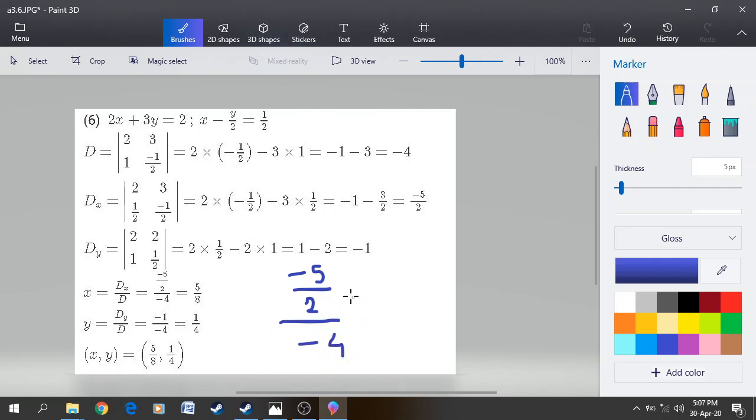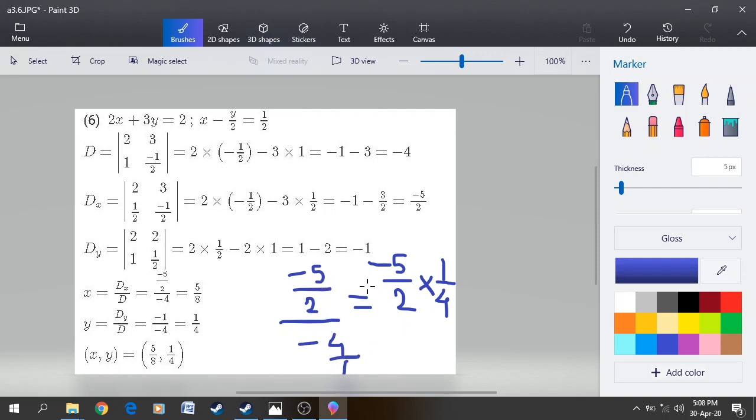When we calculate these types of double division, we have to write this as it is, minus 5 by 2, and this 4 is written as into 1 by 4. This 4 also has a denominator 1.